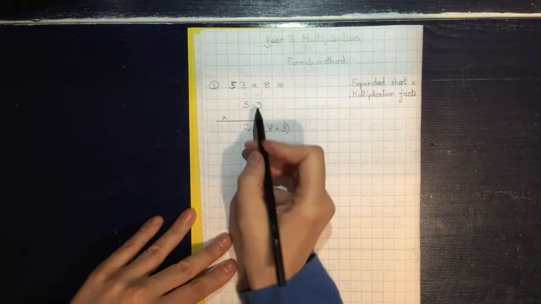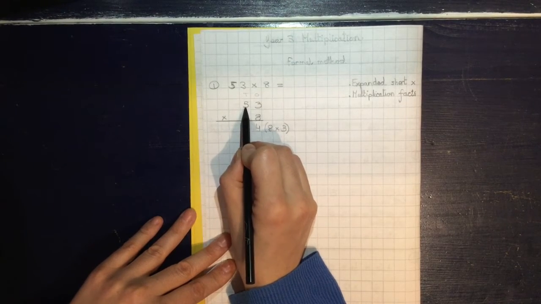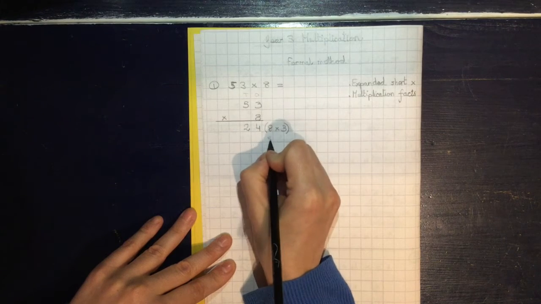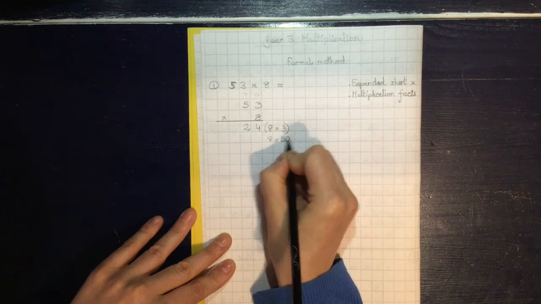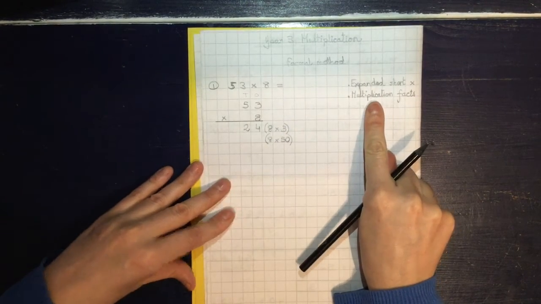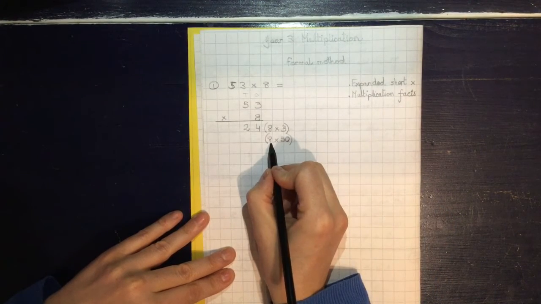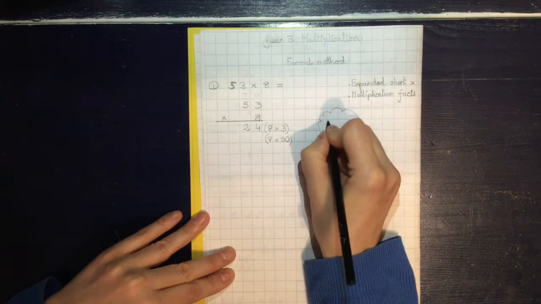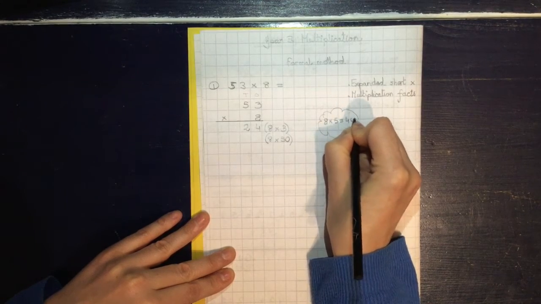Now, let's tackle the tens. Remember, this is not 5, this is 5 tens. 8 times 5 tens, which is 50. And interestingly, here we can use multiplication facts. If I know in my head, I think 8 times 5 equals 40.